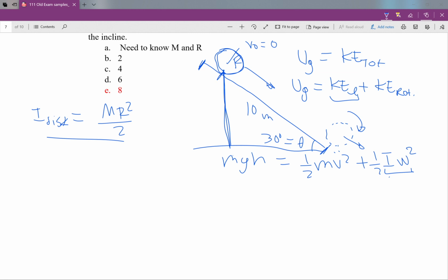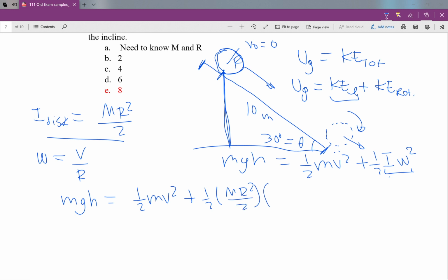And we're also going to use the fact that the angular velocity is the linear velocity divided by the radius. So we have mg times the height equals 1/2 mv squared plus 1/2 times the moment of inertia, which is mr squared over 2, times the angular velocity squared, which is v squared over r squared.